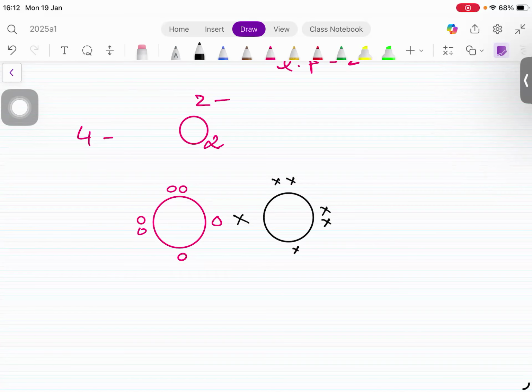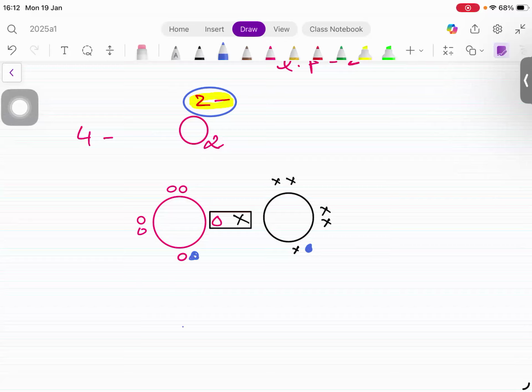If the oxygens share one each, then they are going to have how many electrons? 7. They still need one each. And that 2 negative already told me that they must be accommodating the 2 electrons. So one of the electrons will be with one oxygen here, and the other will be here.